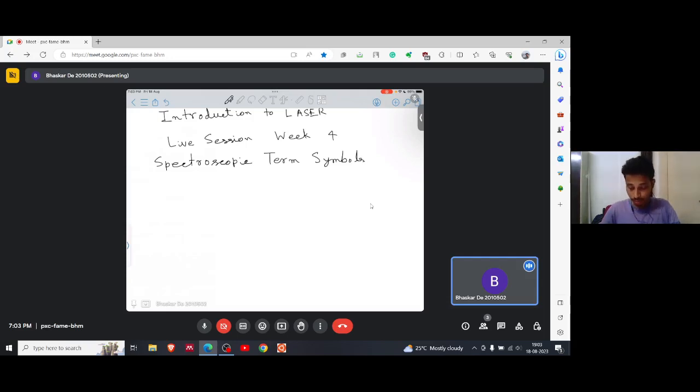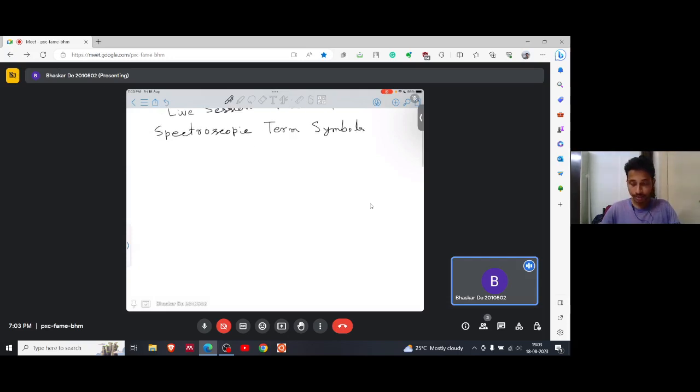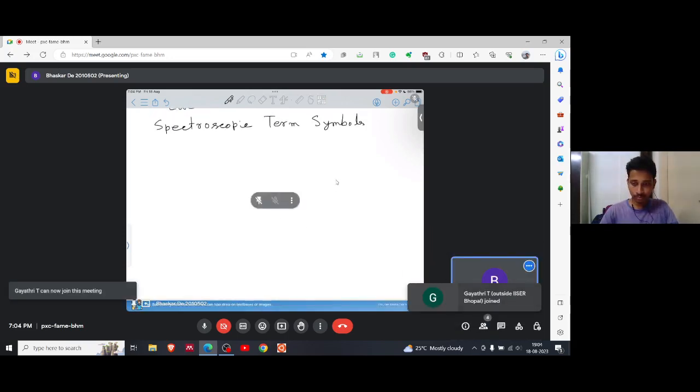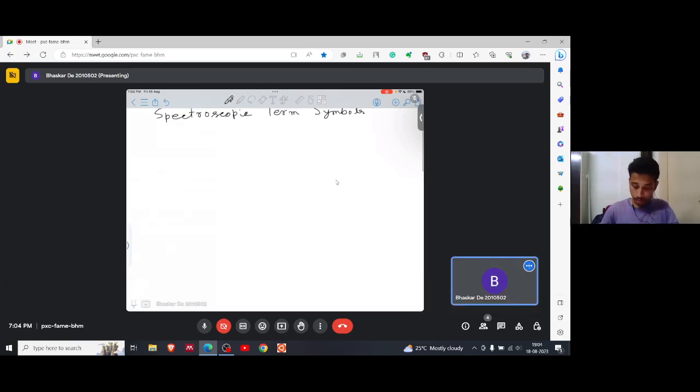In the course by now you have seen the application of this term symbol for the Nd laser. With reference to this week's videos, I will just discuss the Nd+3 ion.